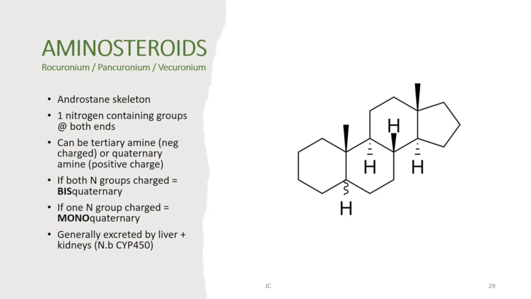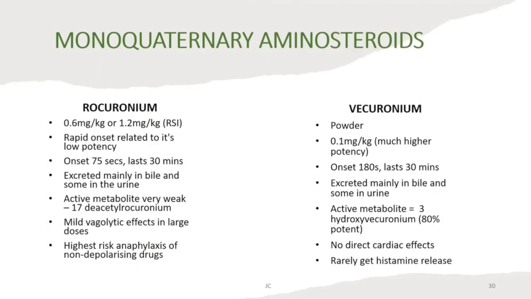If both end groups are charged, it's a bisquaternary molecule, and if one nitrogen group is charged, then it's monoquaternary. These drugs are generally excreted in the liver and the kidneys, and they are affected by things like your cytochrome P450 enzymes. So your carbamazepines and your cimetidine, for example.